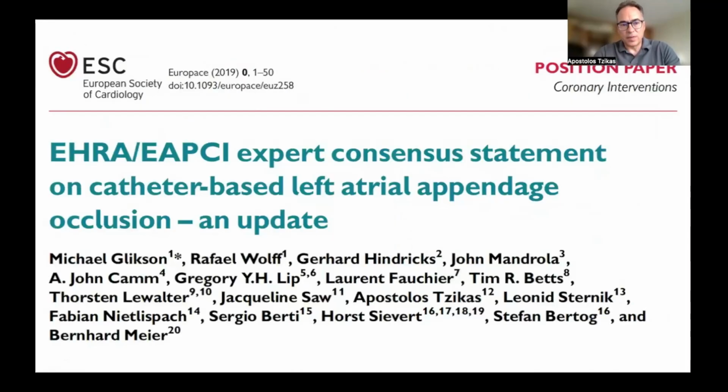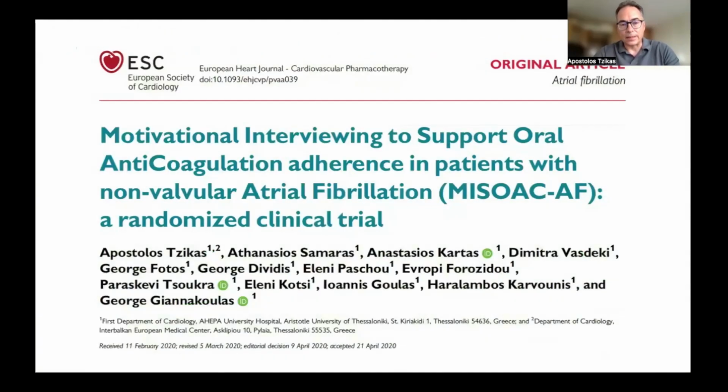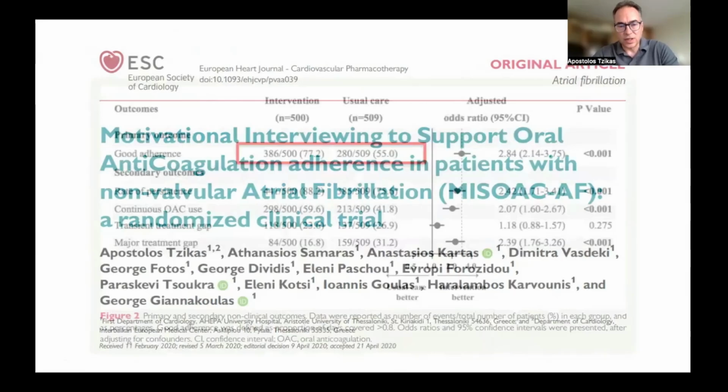Now, in this consensus paper that we published years ago, we were saying that patients that are suitable for oral anticoagulation should receive it, and others should be discussed. 7 years ago, we conducted this study that was published in the European Heart Journal. It's called MISO-AF, and this shows potential indications for LA closure, but it shows also another important thing.